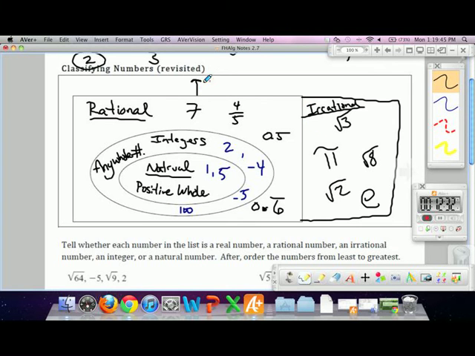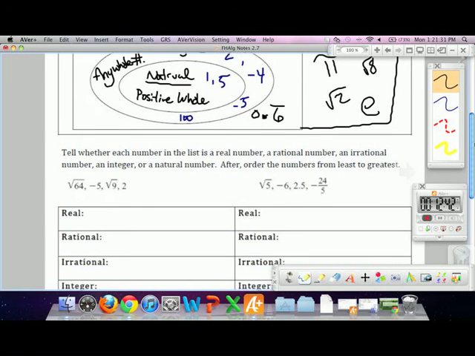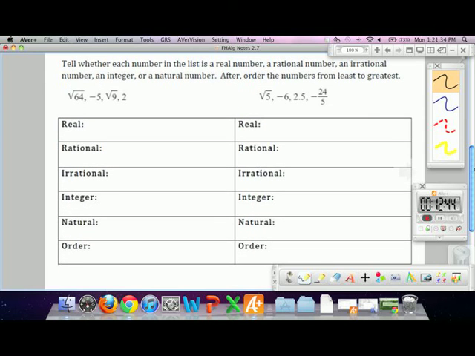So we're going to take our diagram here, and we're going to take a couple lists of numbers and see where they fall. So for example, square root of 64. What's the most specific category that square root of 64 falls into? Natural numbers. Can you simplify root 64? Yeah, it's 8. So because it's positive 8, the best category is the natural numbers.